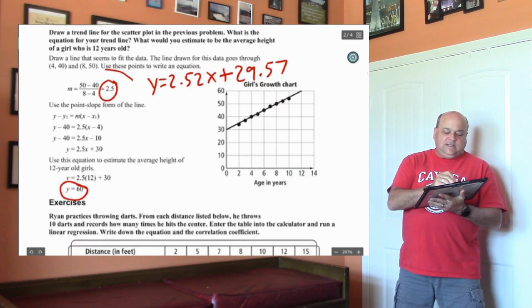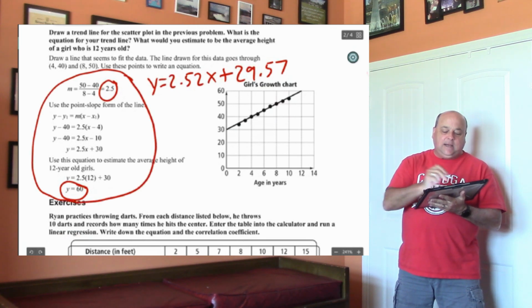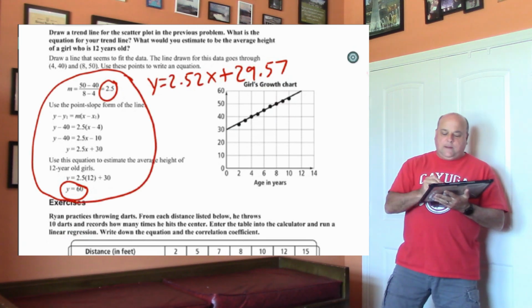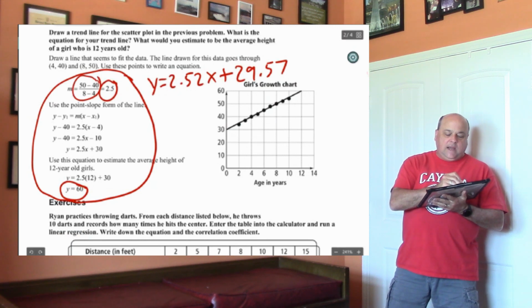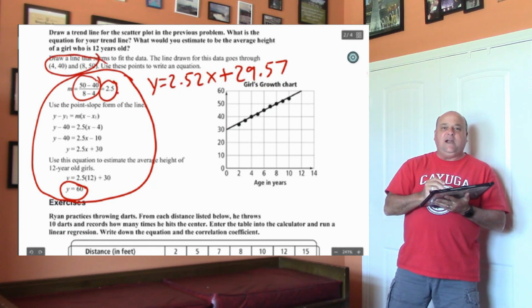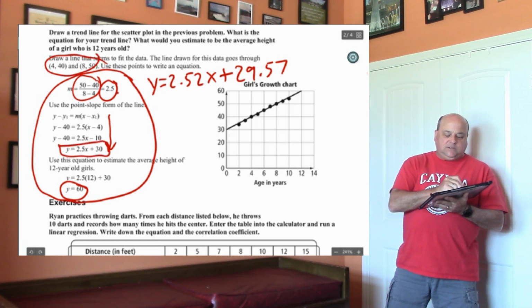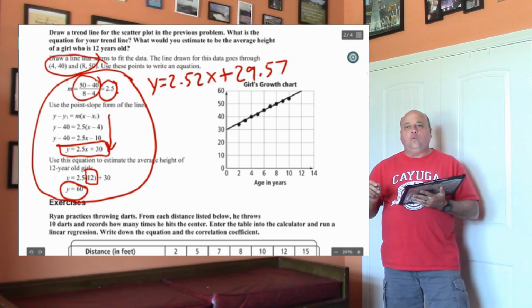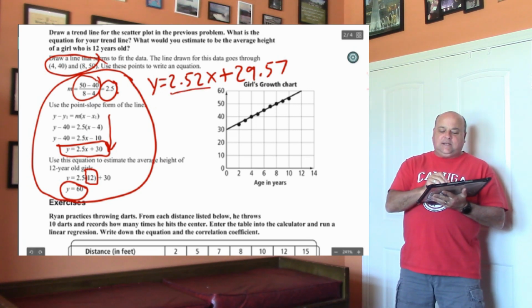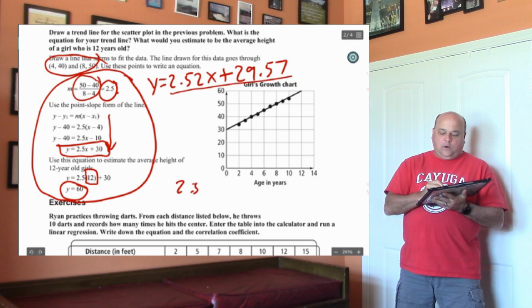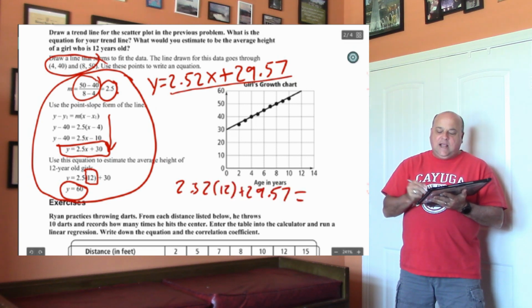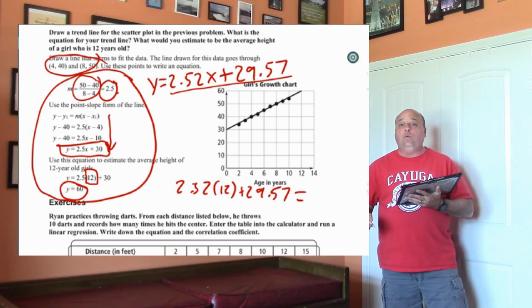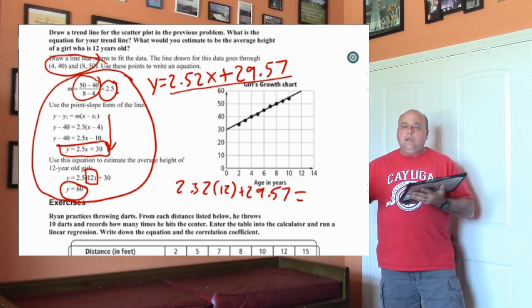Now then, notice, this is how they did this by hand. So they went through, they picked 2 dots. They picked these 2 dots. They found the slope, they used point slope, they made it mx plus b, and then for a 12-year-old, they put in 12. What we would do is we would type this in and do 2.52 times 12 plus 29.57, and that would be the estimate with the calculator, okay?